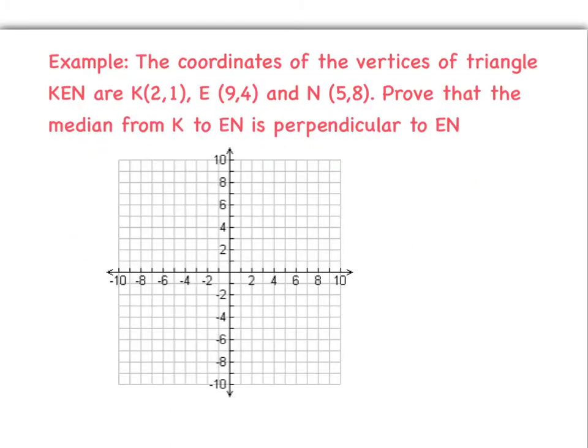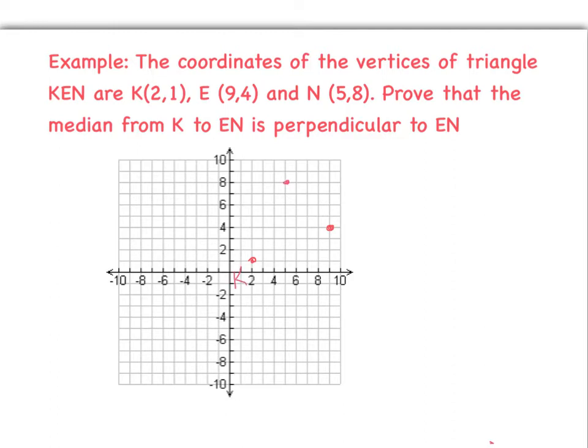So here we have an example that says that the coordinates of the vertices of triangle KEN are K(2, 1), E(9, 4), and N(5, 8).